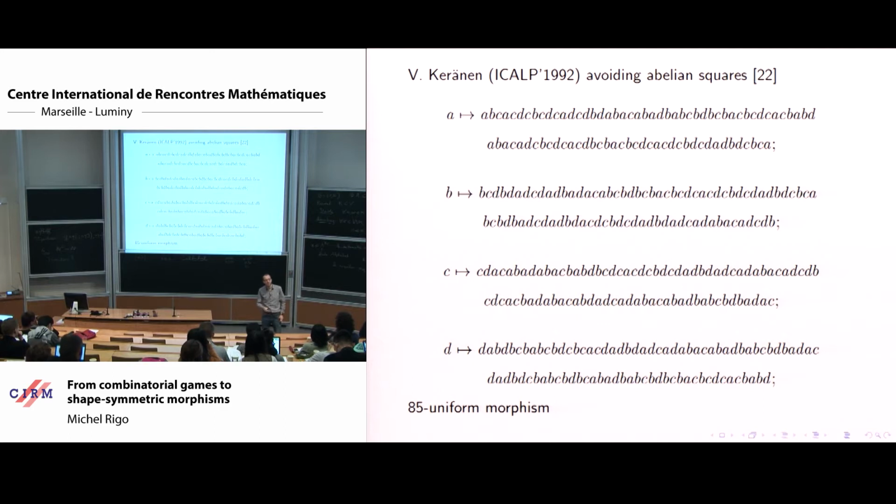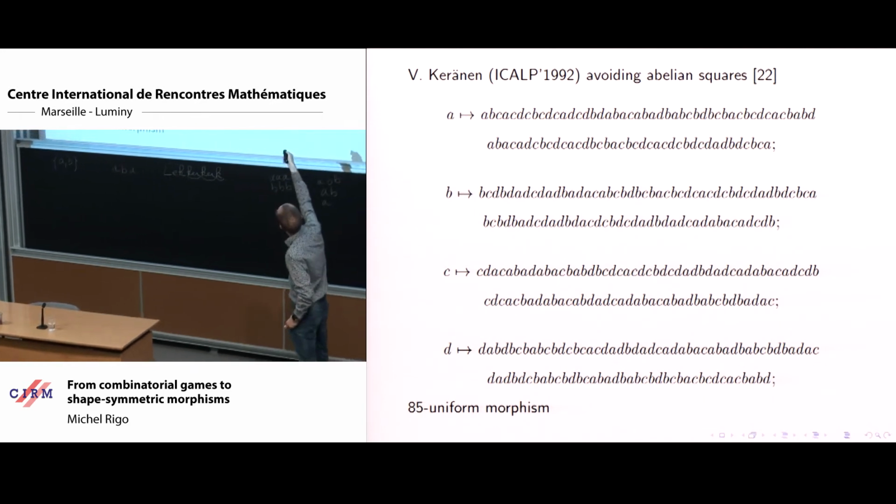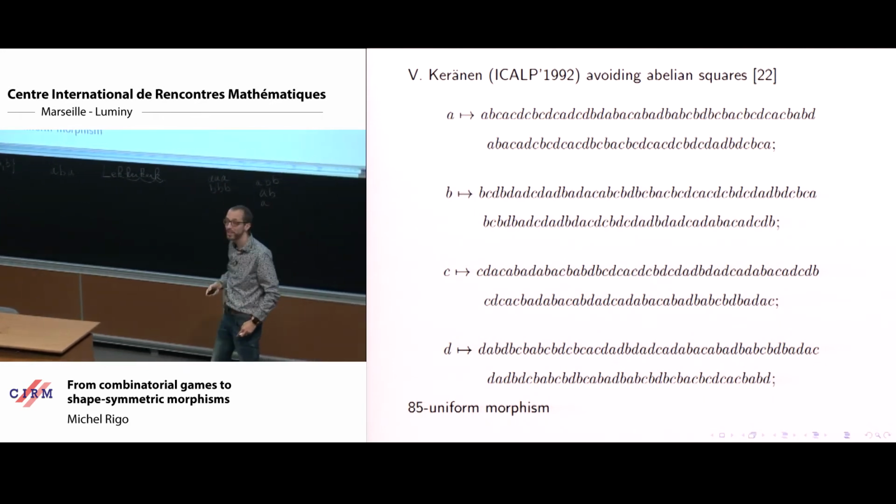And if you do something a bit more complicated, if you have a morphism of constant length 85, and if you iterate this morphism, then what you get is a word that would avoid abelian squares. So what is an abelian square?